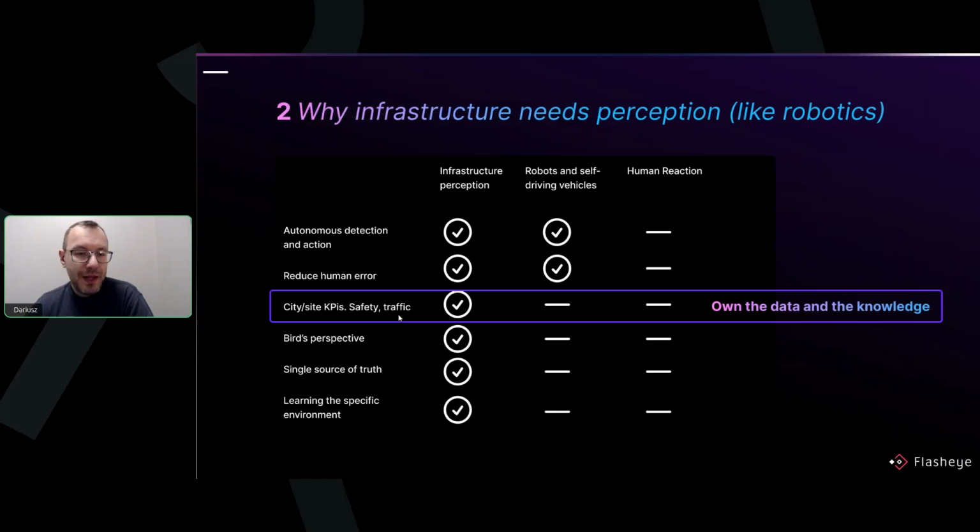There is no global planning of, for example, routes because of the traffic and so on. So infrastructure perception in this particular case will make it an even more powerful use case. A bird's perspective, to have the information about what is happening in every place at the same time.